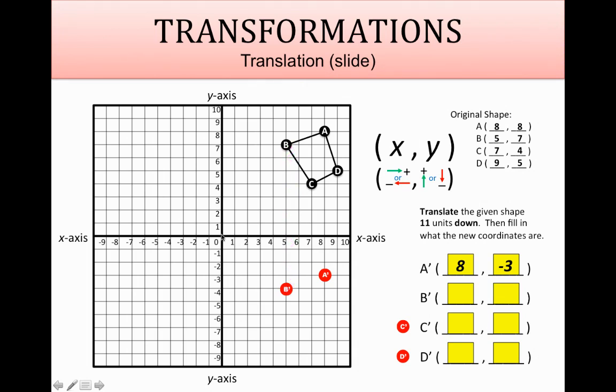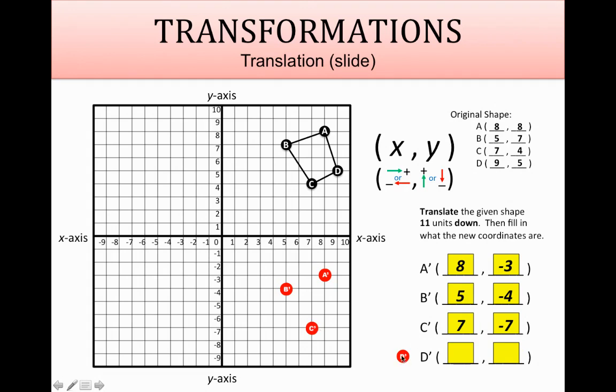So B prime's coordinates should be 5 for the X and -4 for the Y. Now click C prime, bring it over to where C is, and then we can count 11 units down from there. It's going to end up right here. But where is here? We've got to get the coordinates for it. That would be 7 to the right, so 7 for the X, and then -7 down, so -7 for the Y.